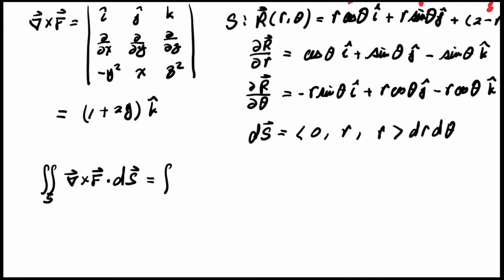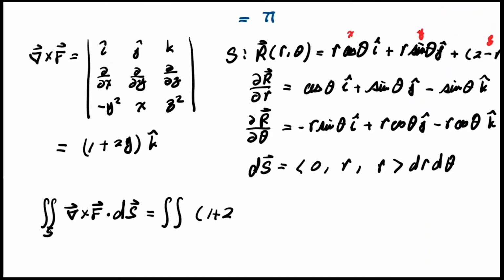Okay, double integral here, let's dot them. This only has k vectors, so these two are irrelevant, it's just that one, correct? So what we have is 1 plus 2 y. Our y is up there. Maybe I'm going to make a substitution here. This is 1 plus 2, and y is r sine theta, k vector.